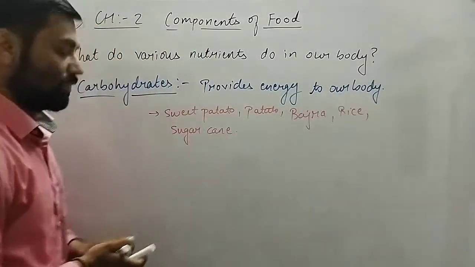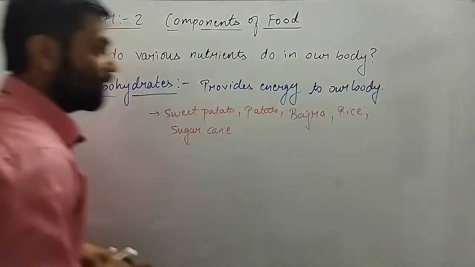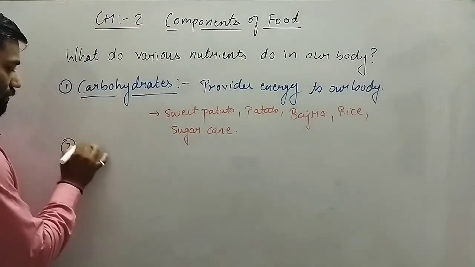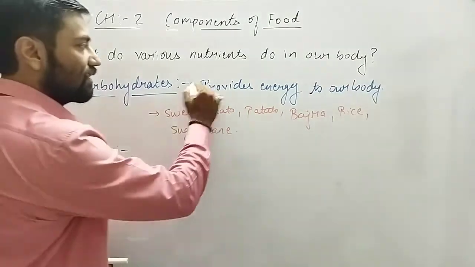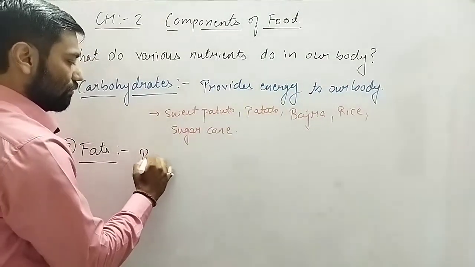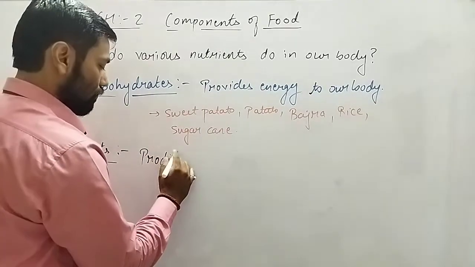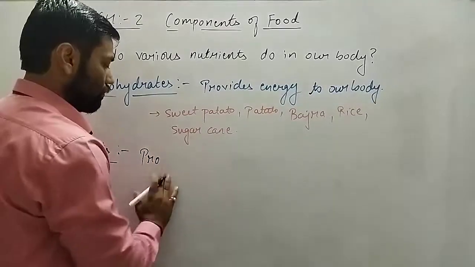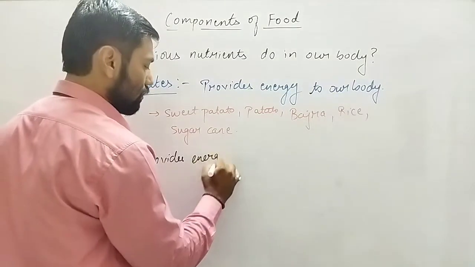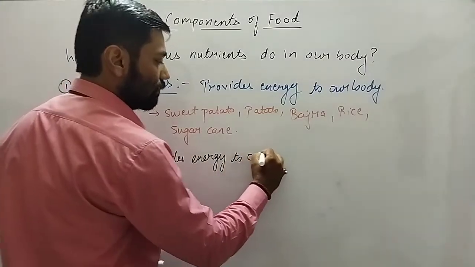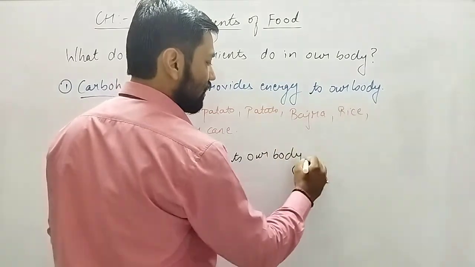There are many other foods from which we get carbohydrates. The second one is fats. What do fats do? They also provide the same thing, that is, they provide energy to our body.